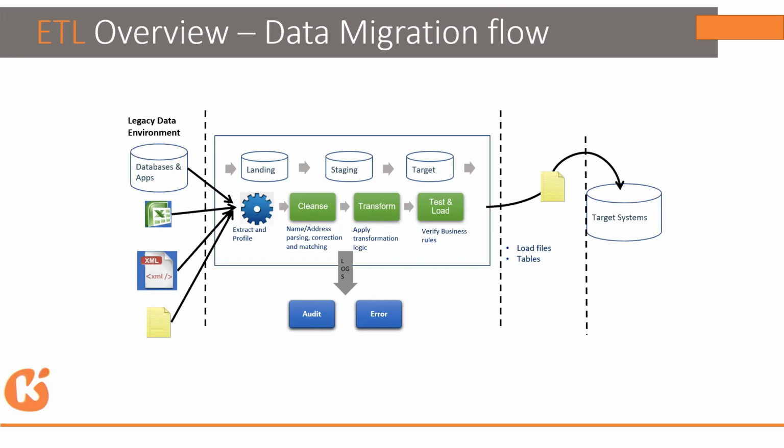First, we extract the raw table just as it is, and then we do the cleansing, then transform, that is the staging part. Then we test the load in the target system, like the test file we create, and the validation. After applying the validation, we find the actual table, and then in the load files we prepare the file and then load into the target system. So this is just the pictorial representation of what we are going to do.